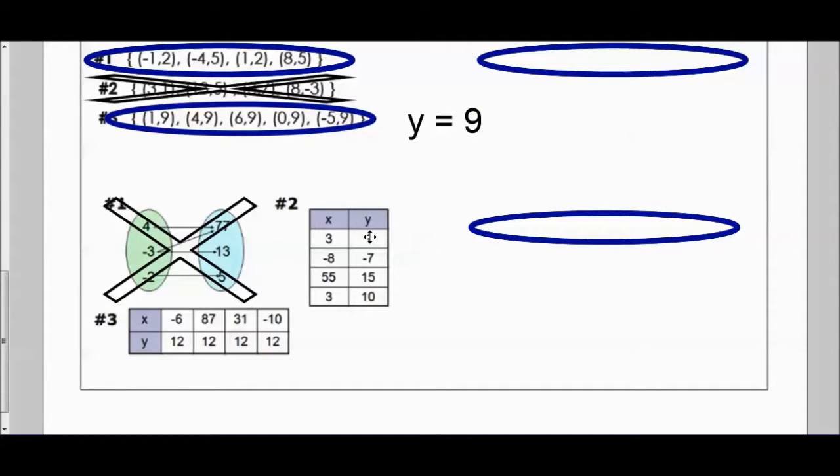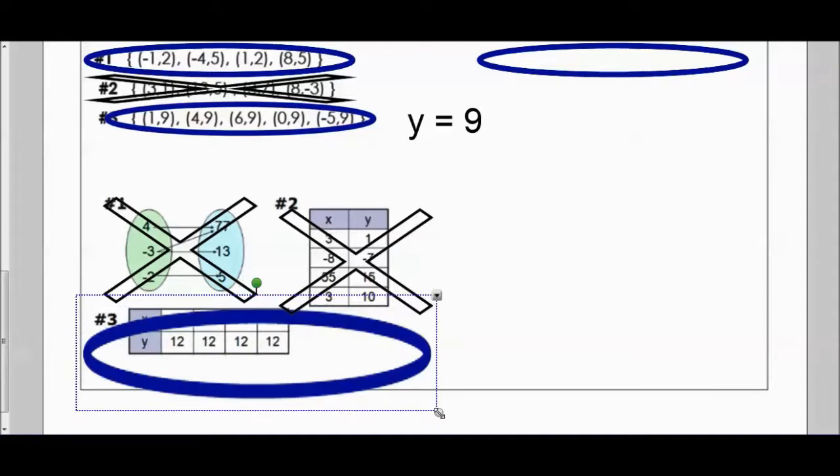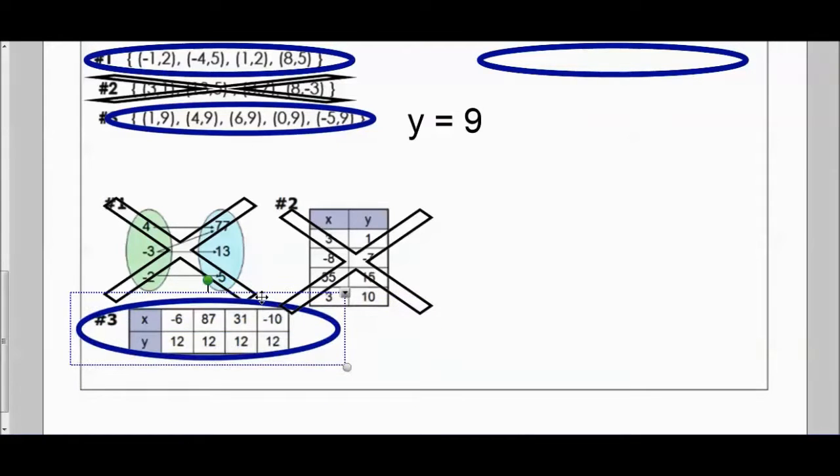We have 3 and 1, and 3 and 10. That one can't be a function either. And on the last one, our x values are all different. -6, 87, 31, and -10. Our y values are the same, but that's okay. That is a function just judging based off the x values, because again, we're just looking for the same input to go to a different output.